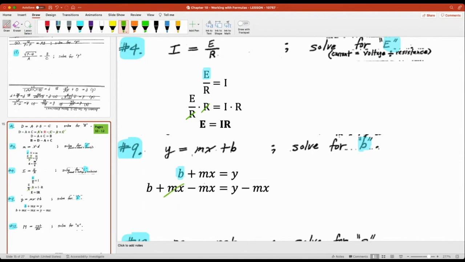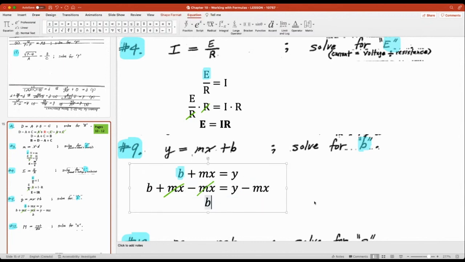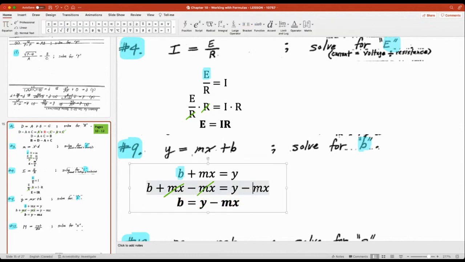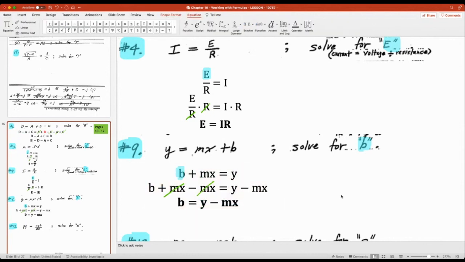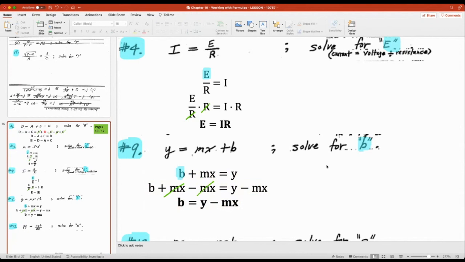So then these mx's cancel because they're opposites, and you have the final step, which is B equals y minus mx.